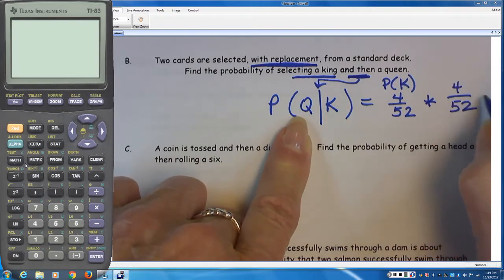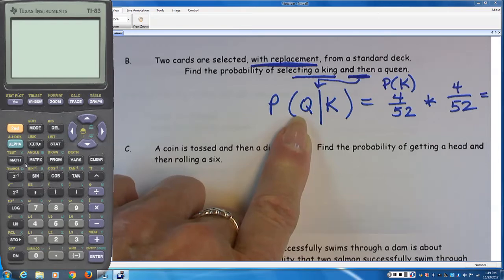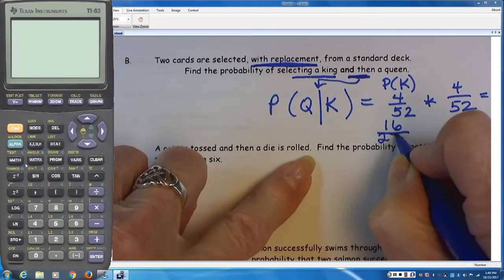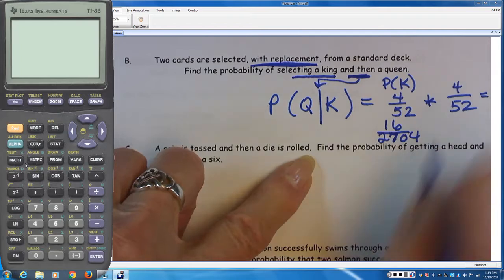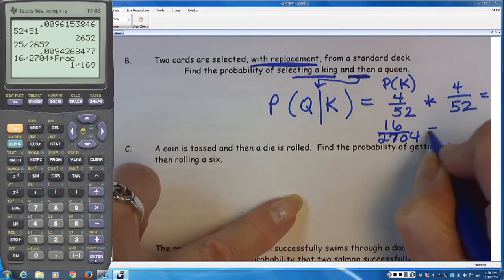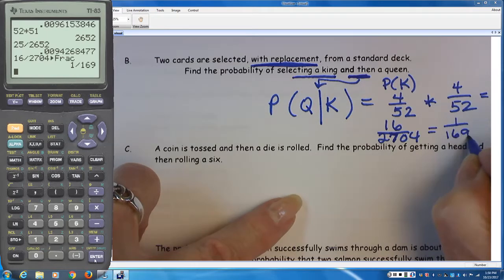And 4 of those 52 are queens. So that's 16 out of 2704. So again, that's 1 over 169, I'm sorry.